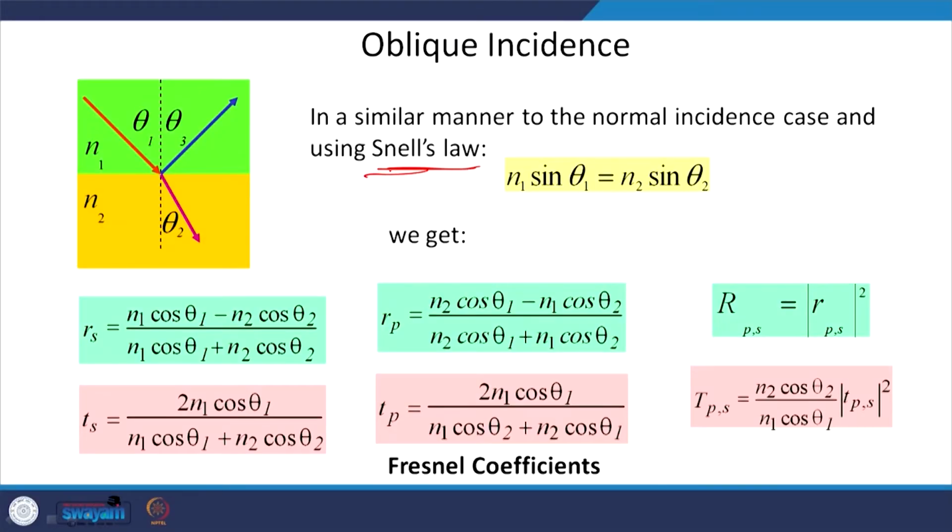So, in a similar manner using Snell's law, which we will prove now, the Rs and Ts and Rp and Tp are given by this relation. So, let us try to derive them.